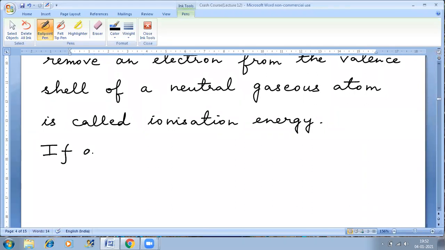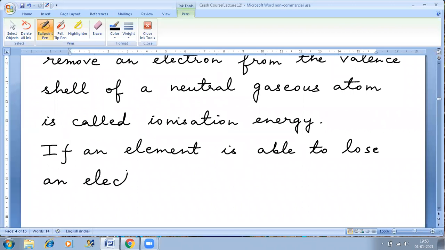If an element is able to lose an electron easily, then its ionization energy will be low.